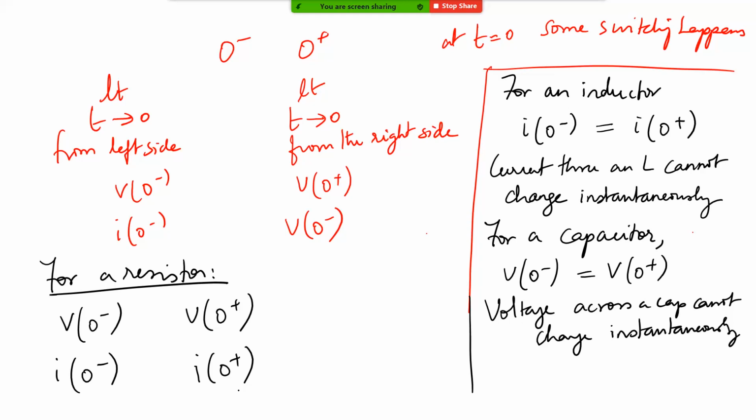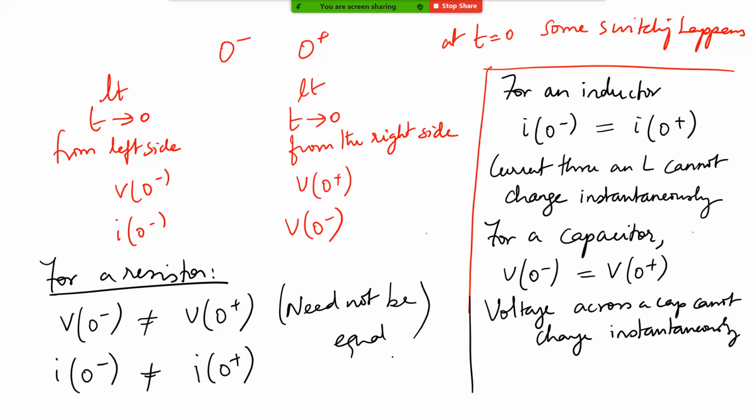Sorry? Yeah, it need not be equal, because a resistor can change the current and the voltage, the voltage across it and the current through it, instantaneously.